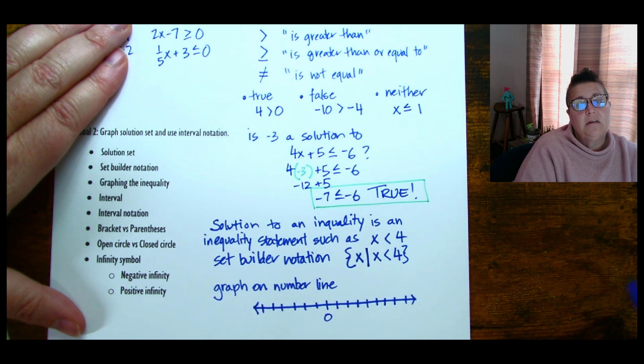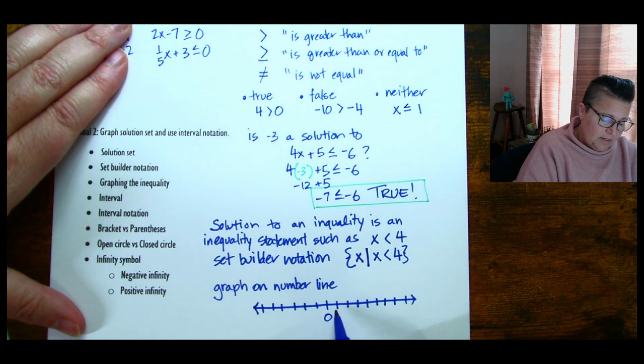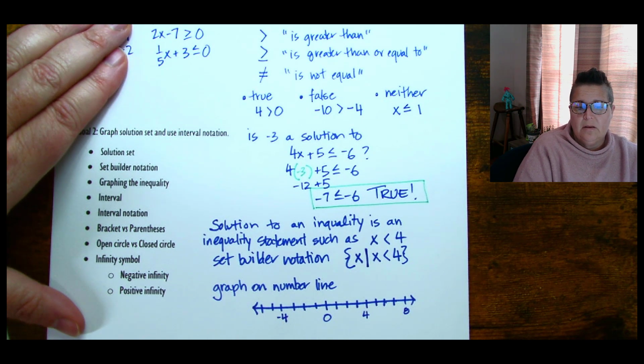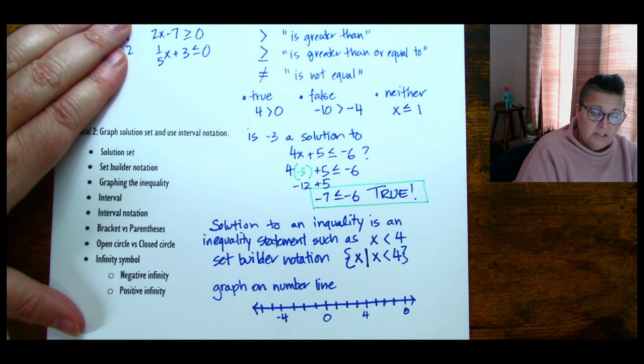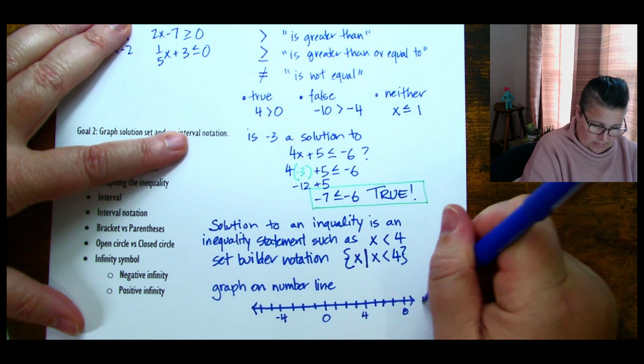Not every hash mark on the number line will be listed. That's fine. 4 would be there. -4 would be there. All right. When we graph this on the number line, there are 2 methods.